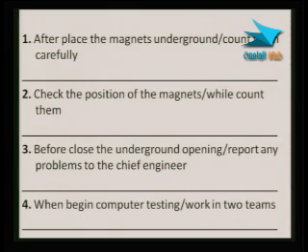So we have present tense and then future tense, right? It's called future time clauses. Then number two: "check the position of the magnets while count them." You can say, they will check the position of the magnets while they count them.